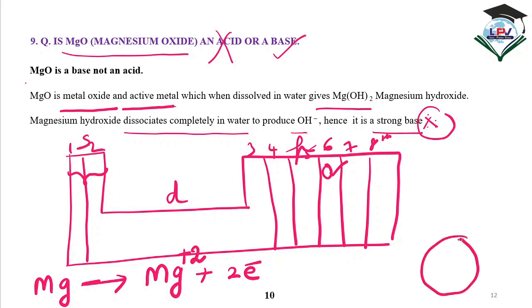Magnesium, I'm going to just draw the outermost shell, which is 2, 8, 2. So magnesium has 2 electrons in its outermost shell.